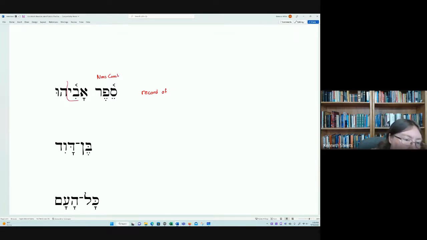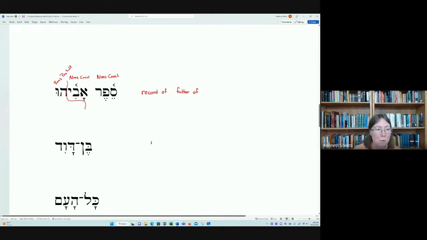Avi here is going to be the construct form of father. So this is a noun, masculine singular construct, and we would translate it as father of. And then I have the hu here, and this is in fact going to be a third masculine singular pronominal suffix. So in other words, that is going to be a pronoun.